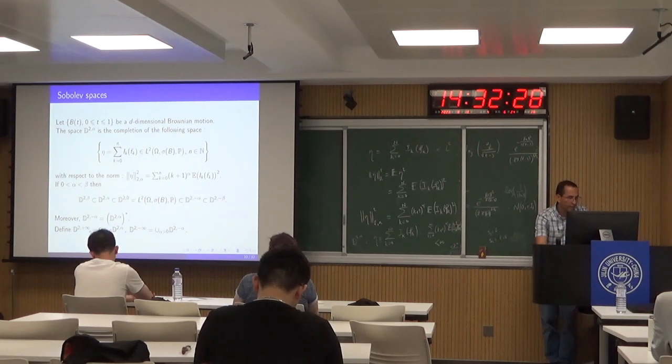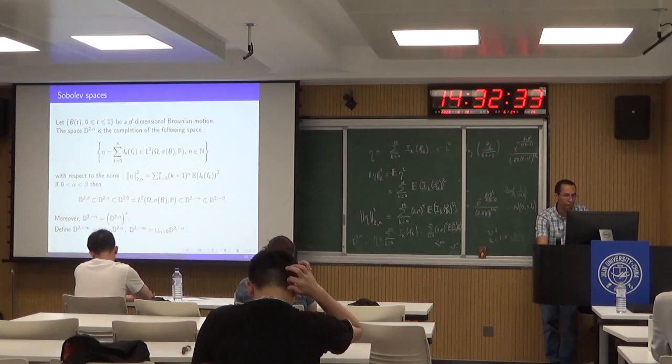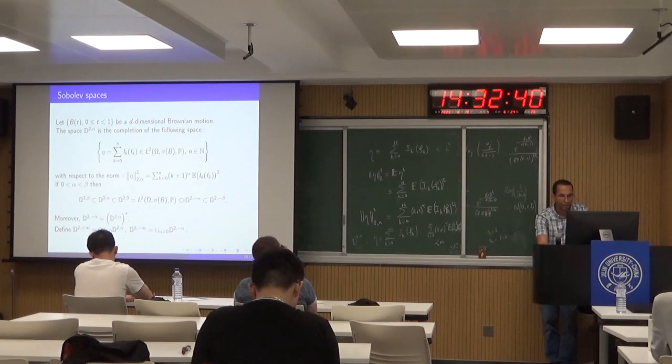We can define the intersection of all these D2^α for positive α, which will be the smallest one that can be obtained. For the union of the D2^-α, because they become bigger and bigger, their union will be denoted by D2^-∞. It is the space of all generalized functions.